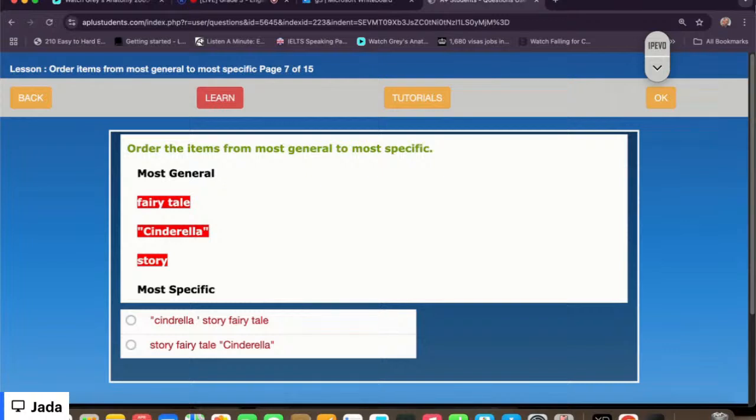So we have Cinderella, fairy tale, and story. What's the right one here?